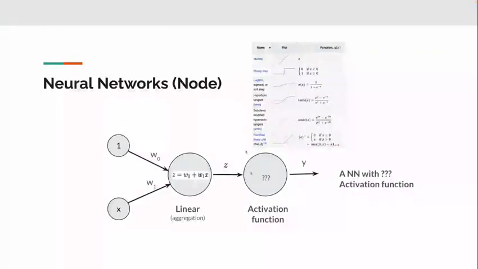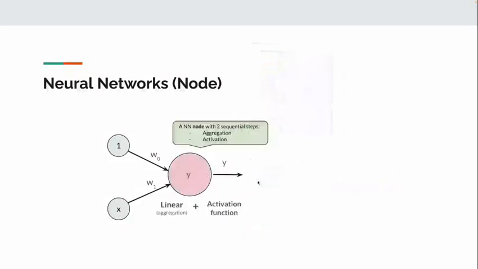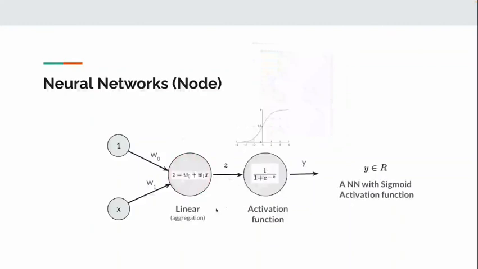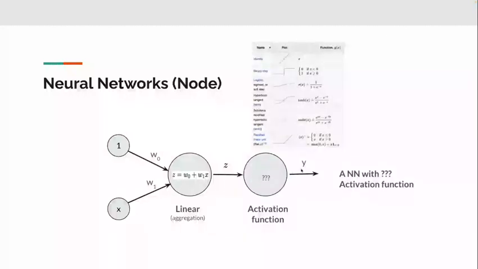As soon as you learn what activation function was used, you can quickly connect that they are talking about the second step that differentiates different neural network configurations. Another thing is your output will be based on what activation function you use. If you use a logistic activation function, then your output will be a real valued number. If you use an identity function, your G will be your Y.